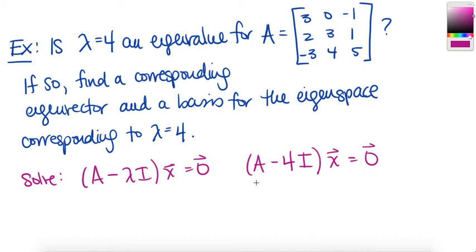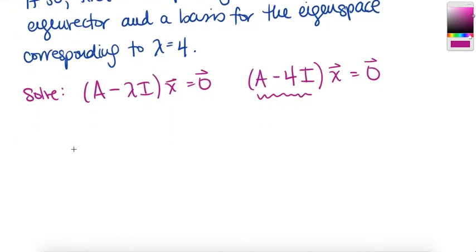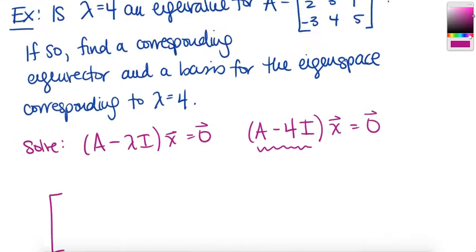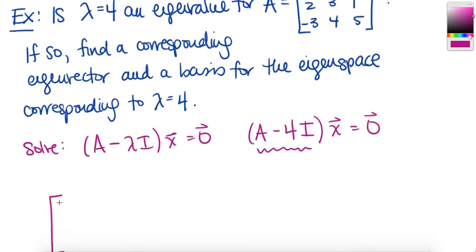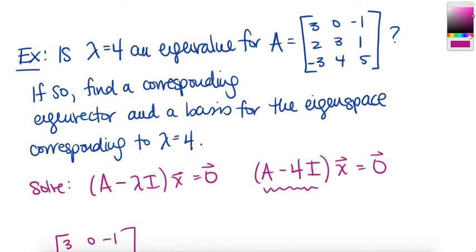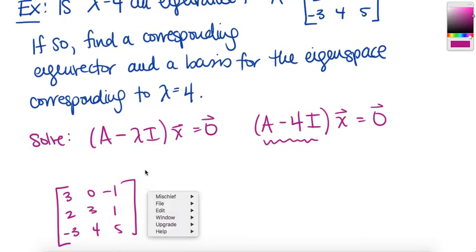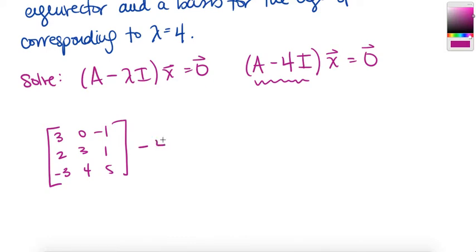So we need to figure out what that matrix looks like. Let's write down our matrix A: 3, 0, negative 1, 2, 3, 1, negative 3, 4, 5. Is that correct? Yes, that's correct. So we want to do minus lambda times the identity, and it's the appropriately sized identity, so 3 by 3.